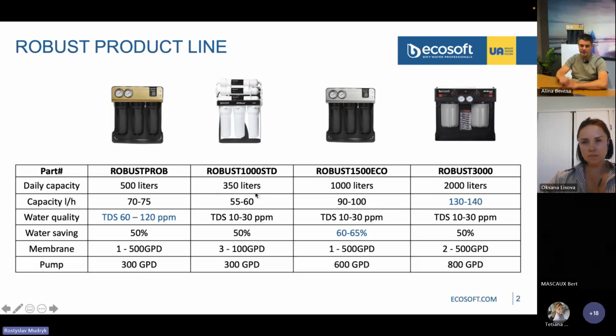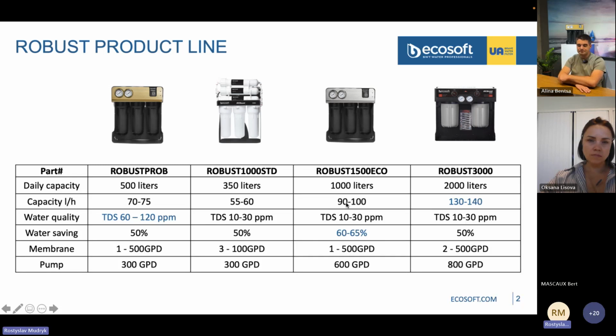Our recommendation is 350 liters per day, with an hourly flow rate of 55 to 60. And then we have the new Robust 1500 Eco, which was upgraded last year. This unit is good for 1,000 liters a day, with a capacity of up to 100 liters per hour.